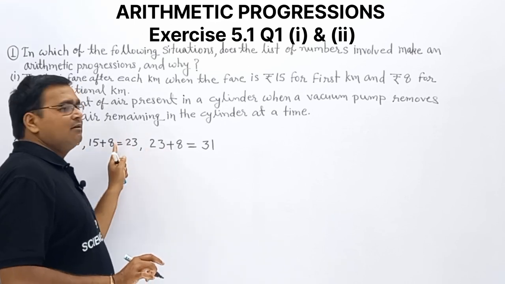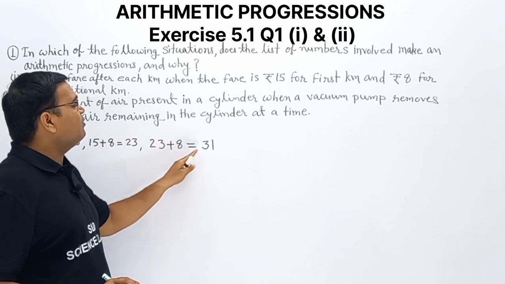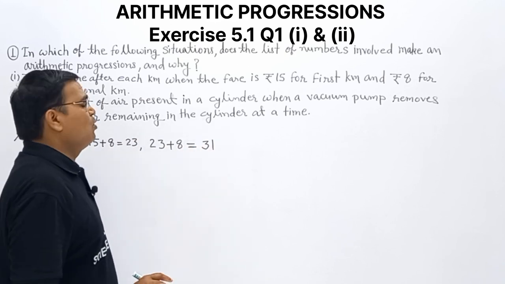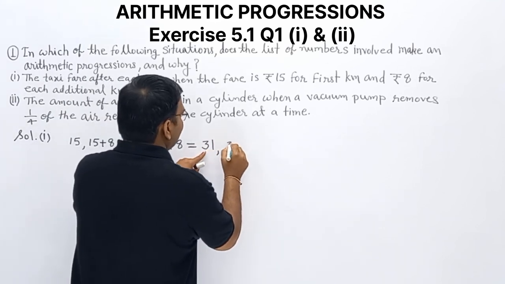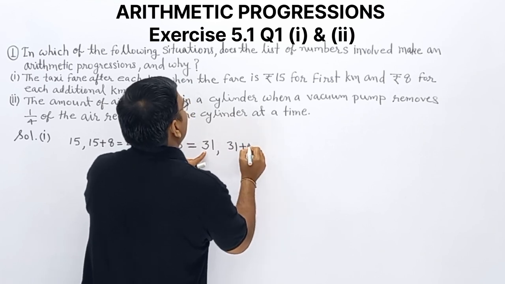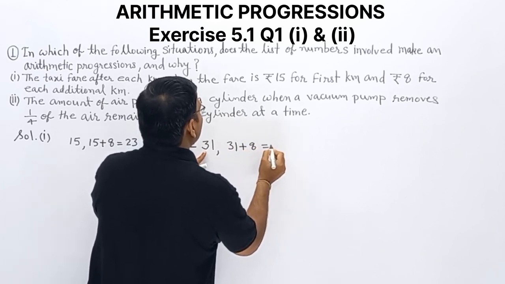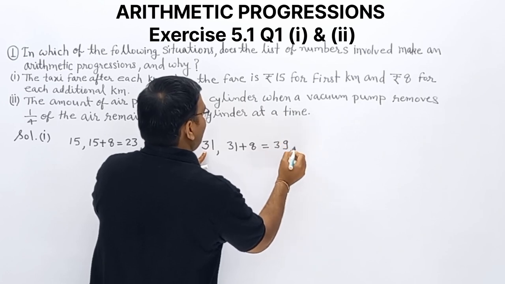Then we will add 8 rupees to this. So 23 plus 8 will be 31, and so on. Now we want to go 4 kilometers. So we will add 8 to 31. 31 plus 8 is 39, and so on, like this.